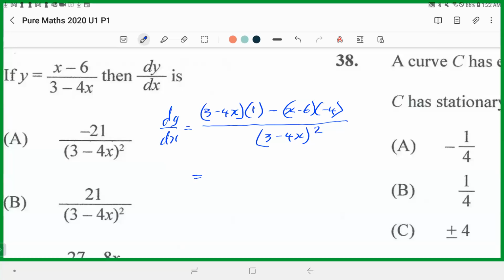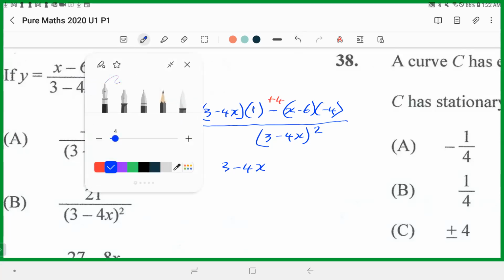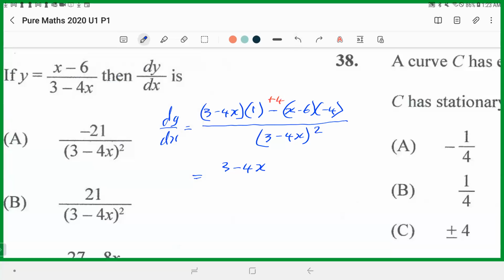Consolidate the values now. Careful with the negative signs here and here and here. All right, watch this now. Expand this first, the one that comes back as is, 3 minus 4x. The minus becomes a plus, like you're doing 4 times the bracketed term, plus 4 times the bracketed term. So 4 times x is 4x. And remember, it's a plus 4 multiplied with this minus gives you a plus.